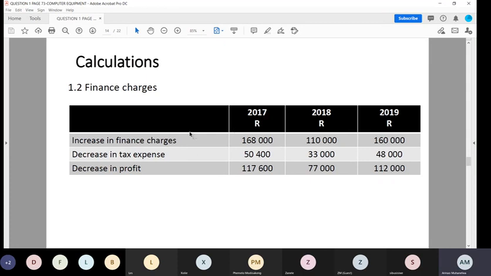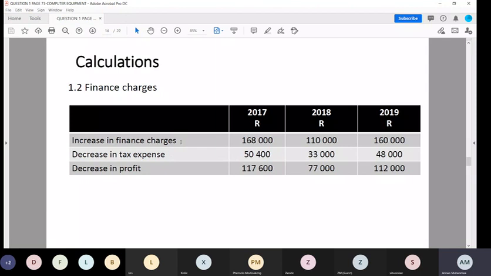So now, in 2017, our interest is going to increase by 160,000, 110,000, and 160,000. An increase in expenses will lead to a decrease in tax. You must know this relationship. Let's start here on the left side before we go to the amounts.